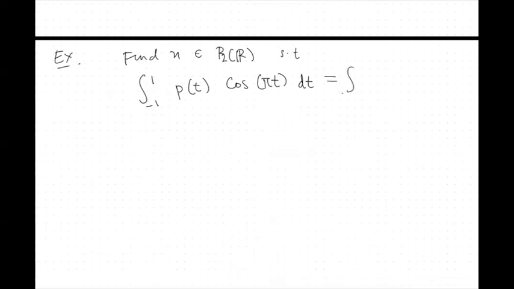So here, find u in P_2(R) such that the integral from -1 to 1 of p(t) cos(pi t) dt is equal to the integral from -1 to 1 of p(t) u(t) dt for every p in P_2(R).